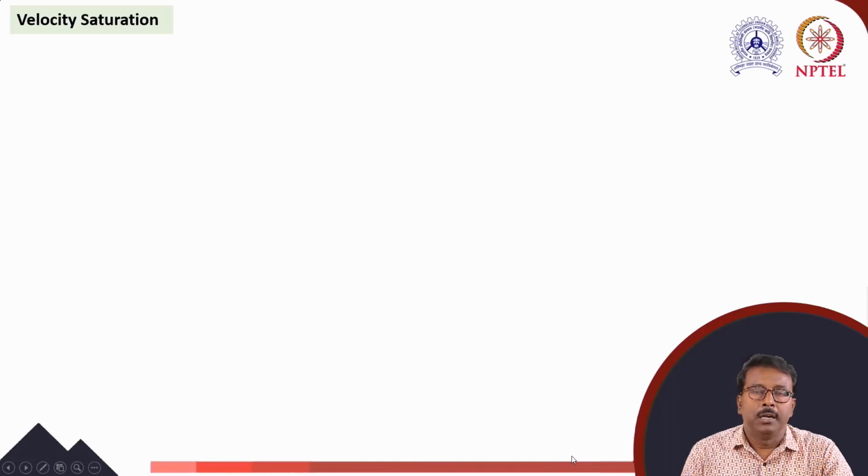We have shown how average drift velocity is changing with the electric field. Basically, it should vary linearly, and we discussed in last class the mobility model, particularly in the low electric field region.